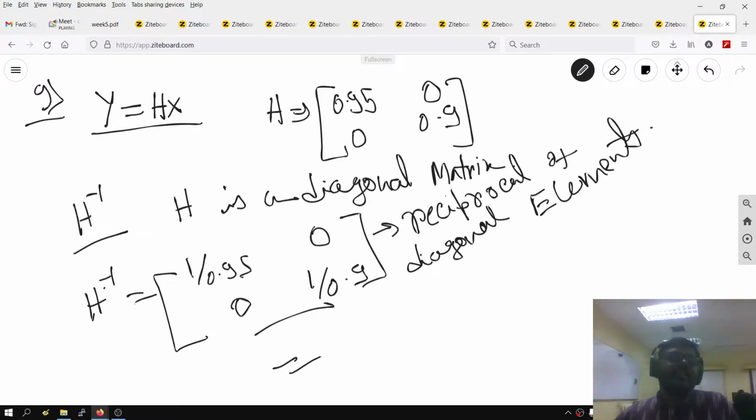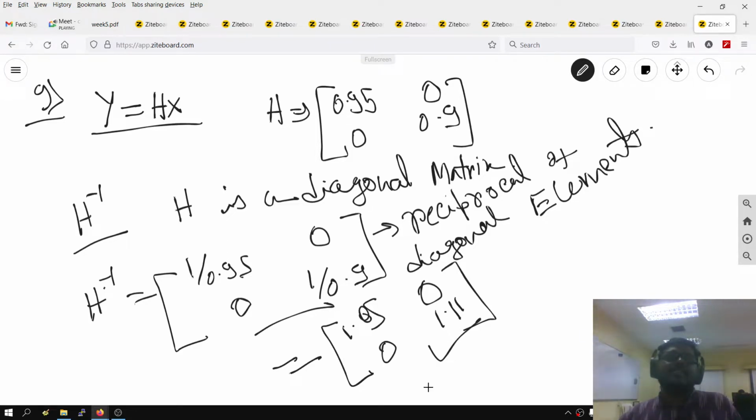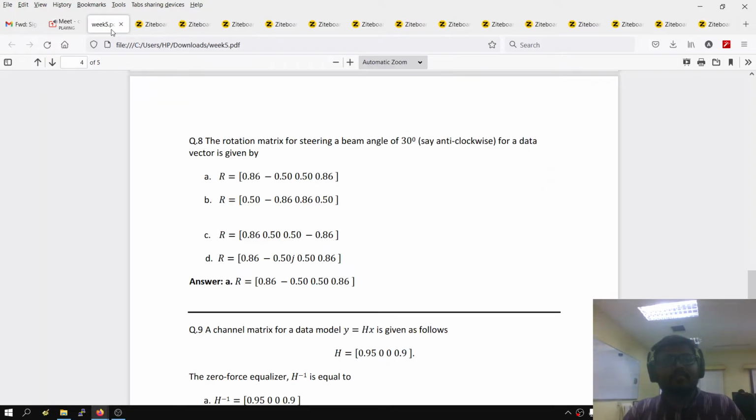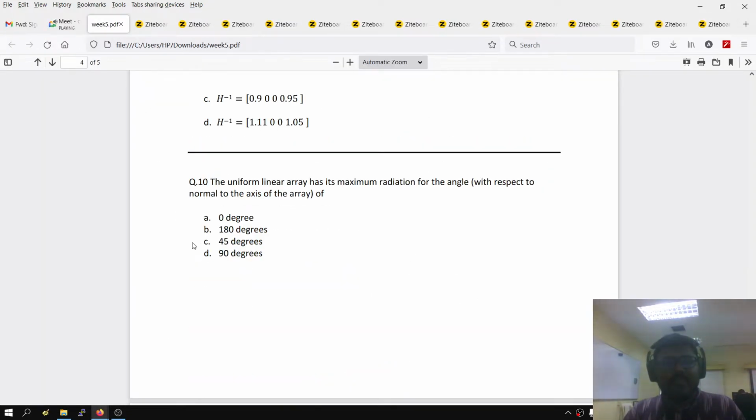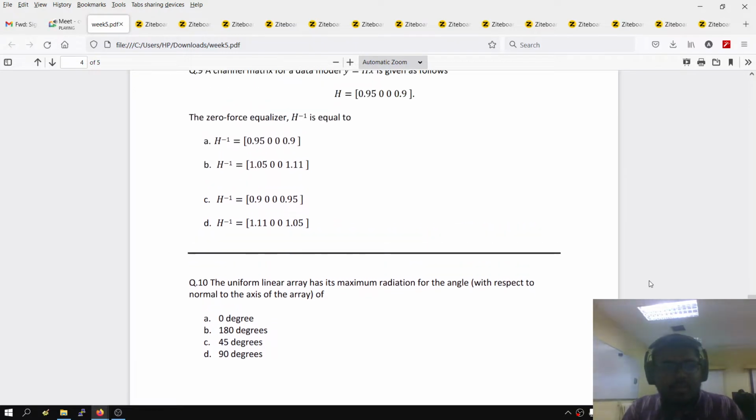So the whole thing becomes 1.05, 0, 0, 1.11. This is the right answer. So the right answer here will be option B.